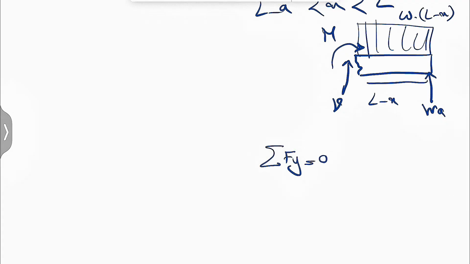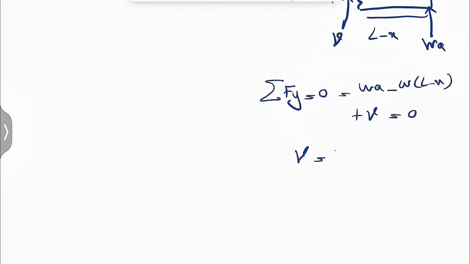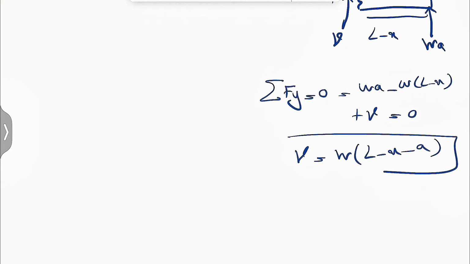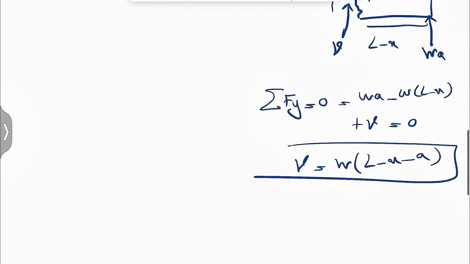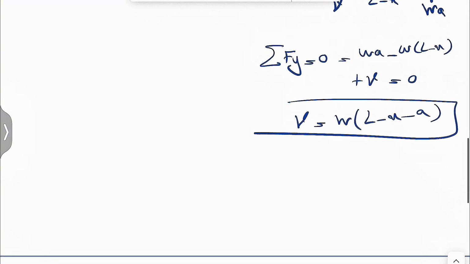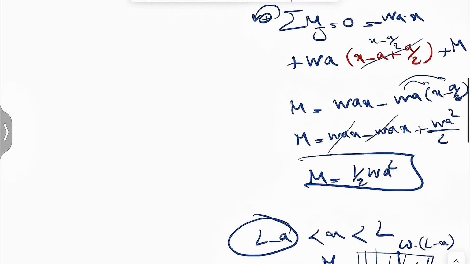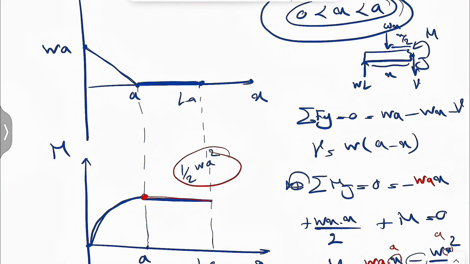So sum of all forces in Y equals 0, which means we have WA negative W(L minus X), which is this force that is applying at the midpoint, and we have plus V equals 0, which means our V is going to be, we can just factor W, so if it goes on the other side, positive W(L minus X minus A) equals 0, that's going to be our V. And if we get back to our diagram, our x is starting from L minus A, if we put L minus A instead of x, this value is going to turn into 0, which means we're going to start again at our 0 point, which should be the starting point.